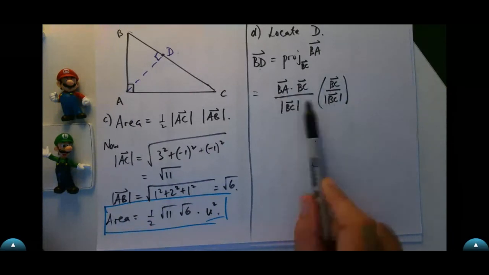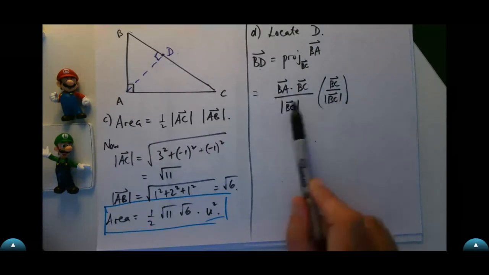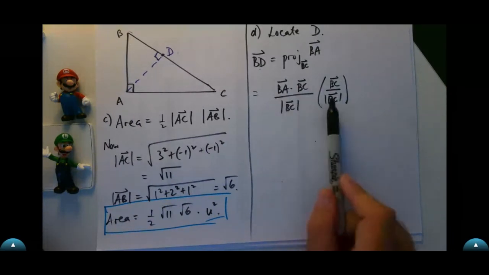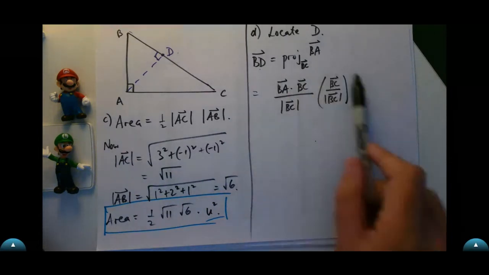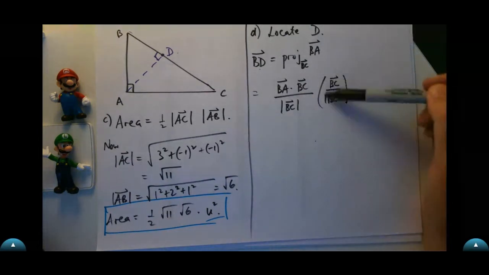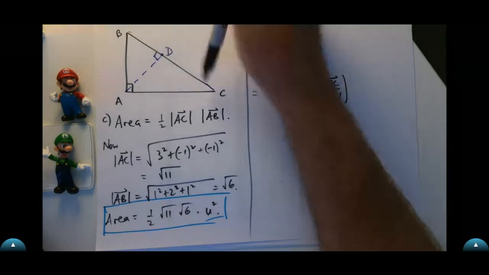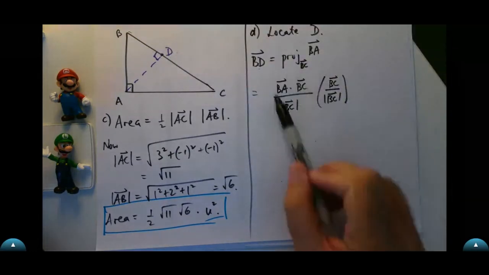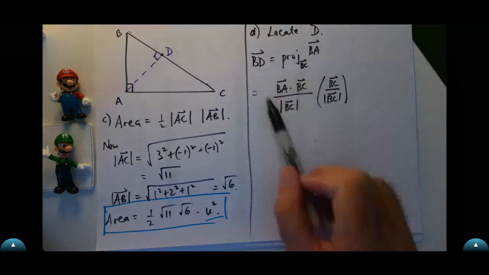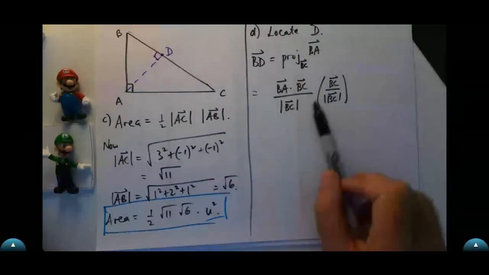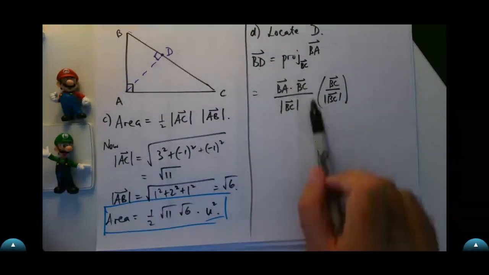Now, in your notes, they combine these two things to get a square, like the square of these things. But this actually tells you something that's more interesting. This is a unit vector in the same direction as vector BC, so it has length 1. And this is like a scaling factor. So it kind of comes back to your lambda before, Azalea. Okay?